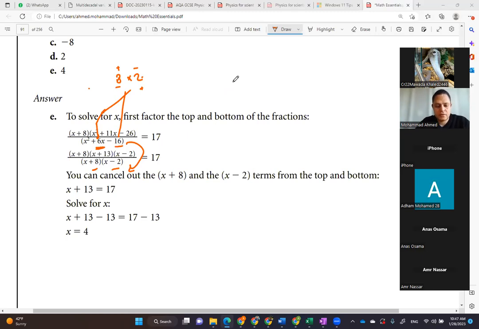The other one gets the opposite sign. But if, for example, it is minus 16 or plus 16, all of them get positive. Yes, thank you so much.